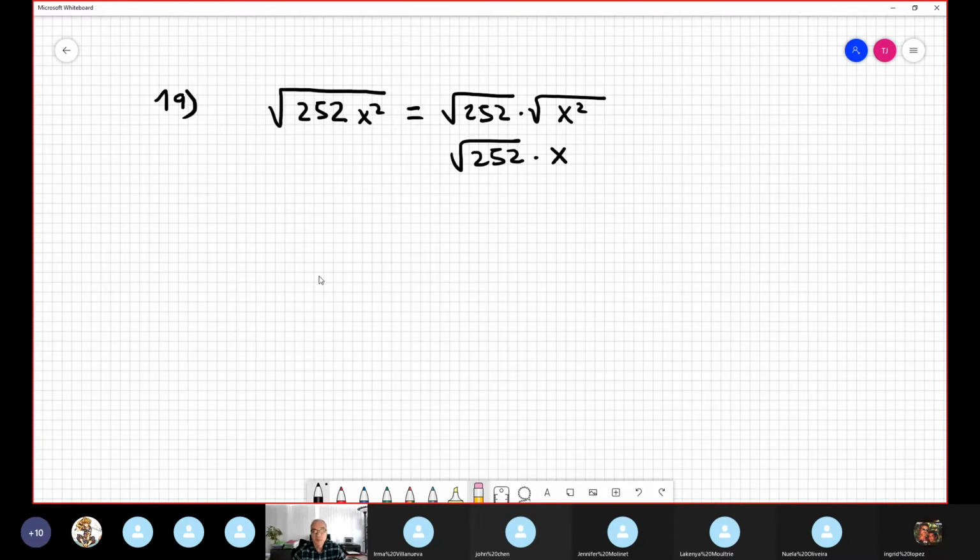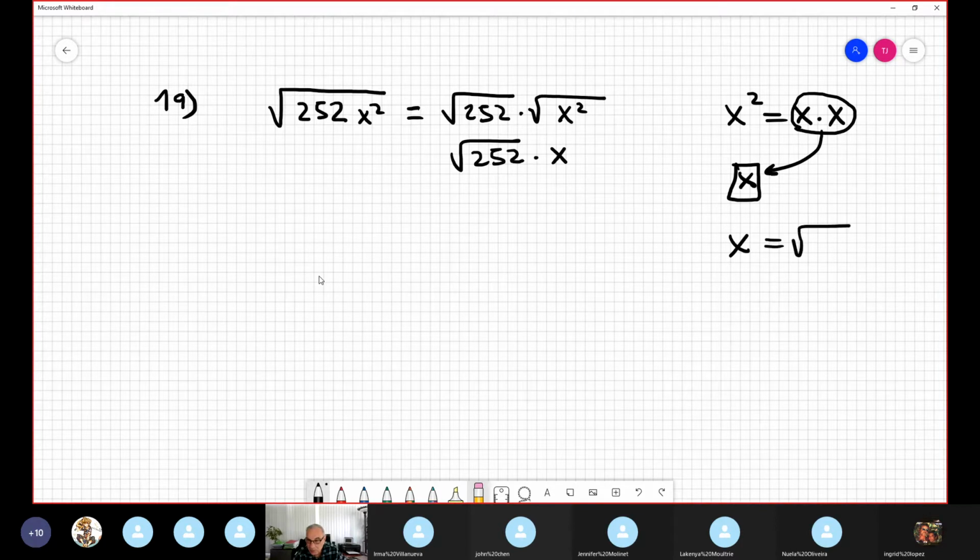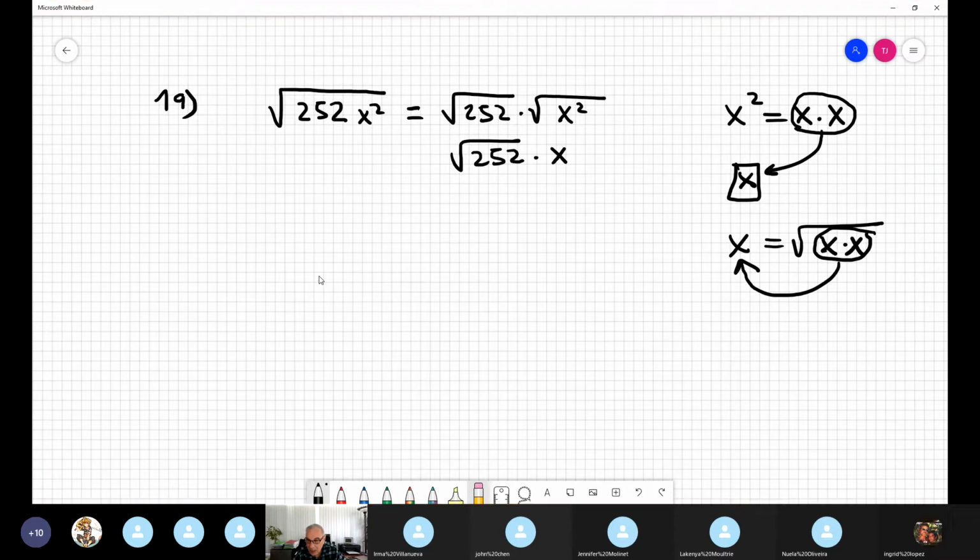Because you know x squared is equal to x times x, and to simplify any root you select one couple of the expression inside the radical to represent only one outside. Okay, so this statement is super good. Look, this couple get married and go outside the house, and the house is the square root.